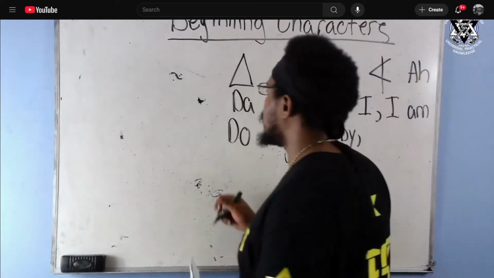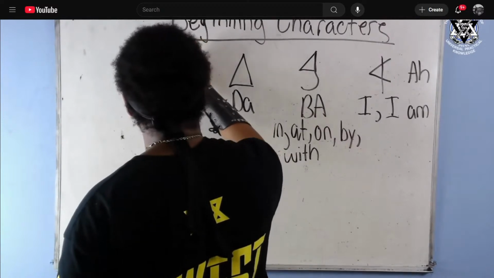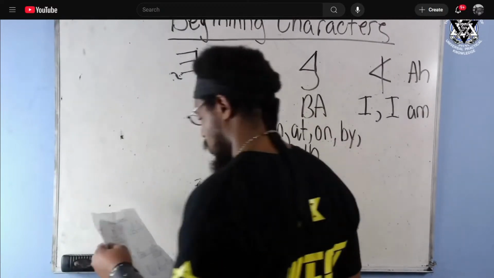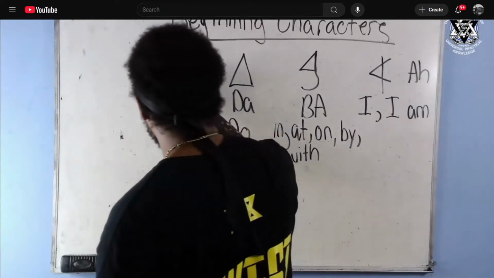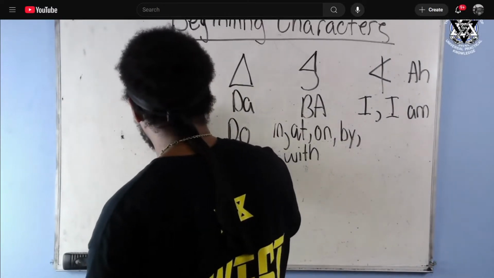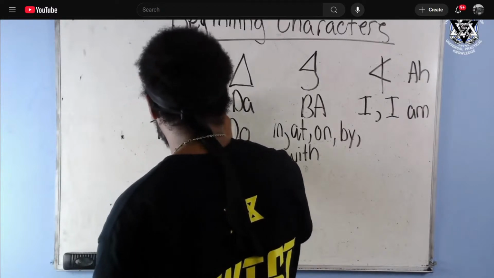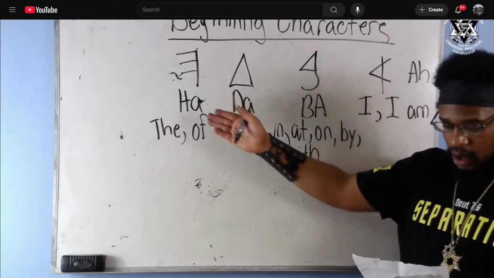And then we got Ha. Ha means the or of. Ha at the beginning of a word means the or of.